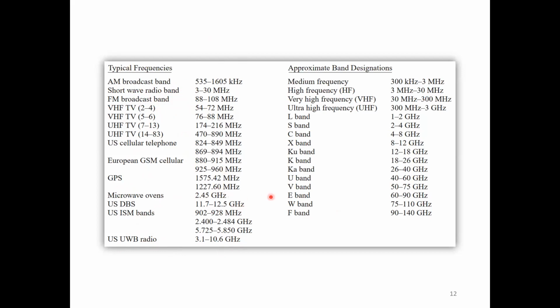And these are the band designations. Bands have names like L band, S band, C band, X band, U band, K band, B band, E band, W band, F band. These are the specific bands.